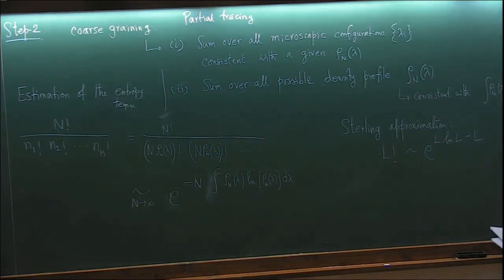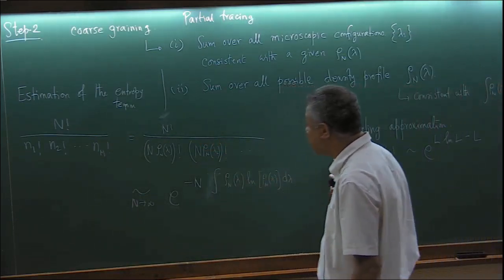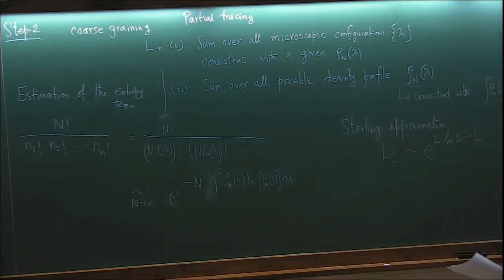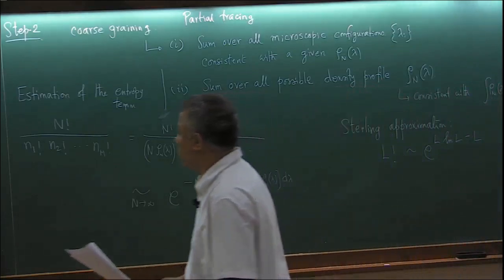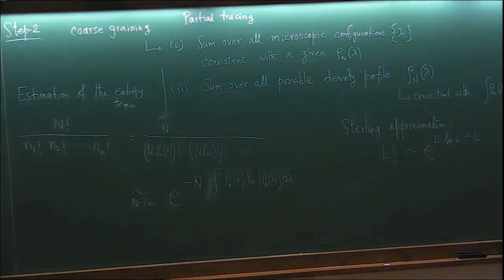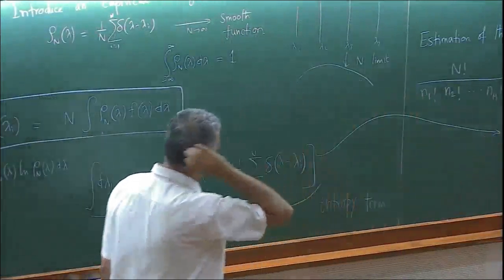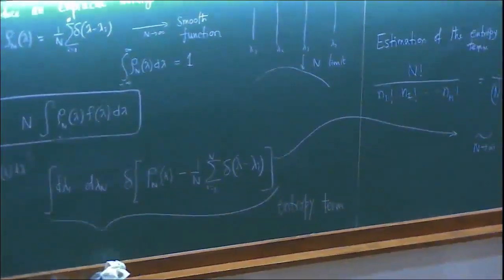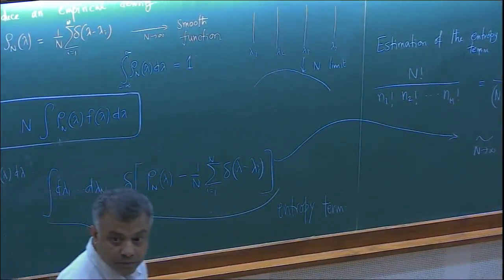Okay. So this is the famous mean field entropy. You have seen this formula somewhere, rho log rho. Okay. So therefore, what we are saying is that this quantity is approximated by e to the power minus n times the integral of rho n lambda log rho n lambda. Okay? Yes?